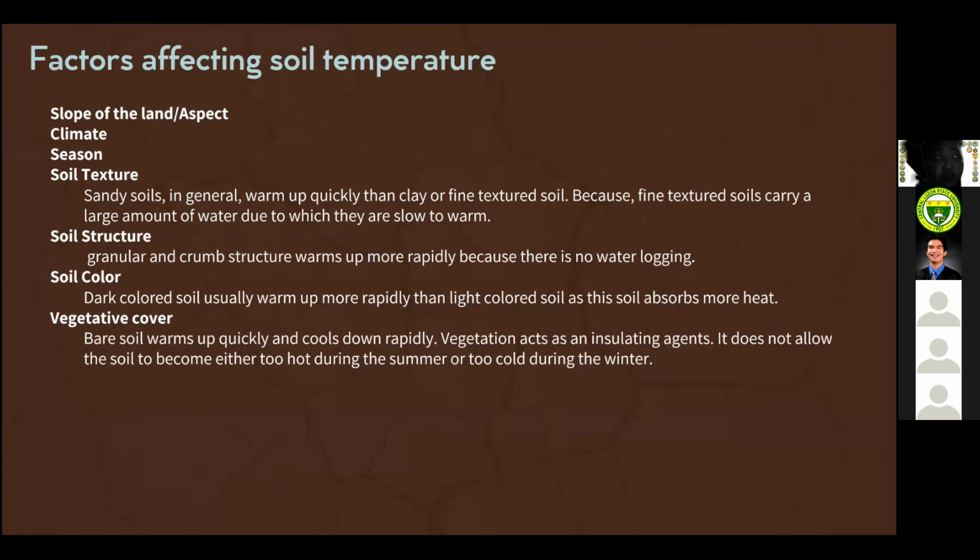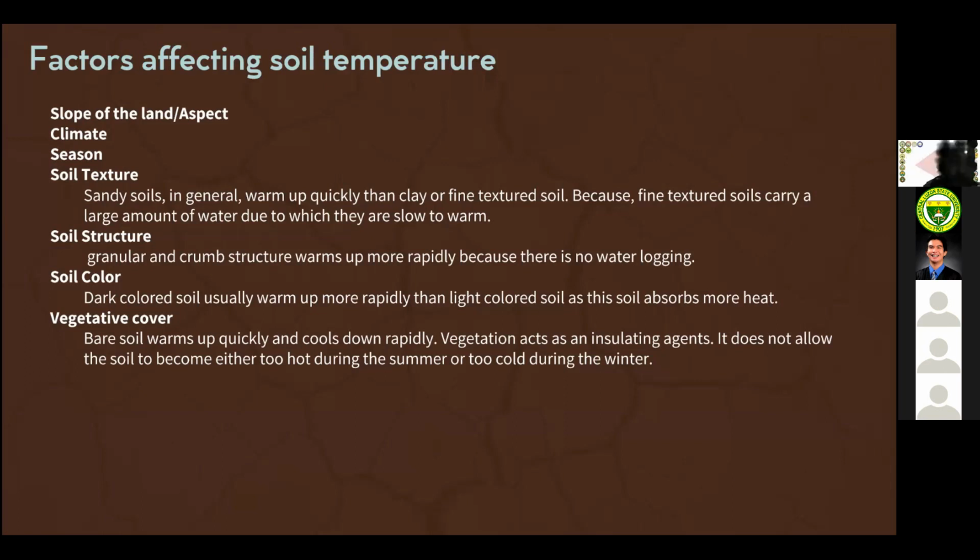Ibig sabihin hindi siya madaling magbago ng temperature compared sa soil. So ma-absorb yung heat ng water sa lupa. So climate can affect the soil temperature. Then season, of course, during the dry season, mas hot yung soil natin compared to wet season.